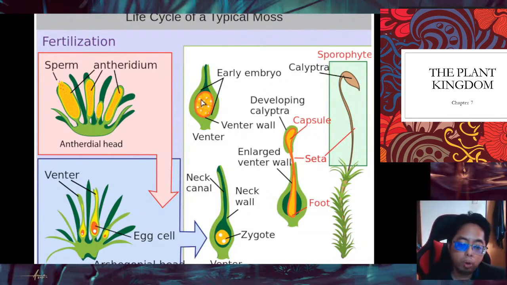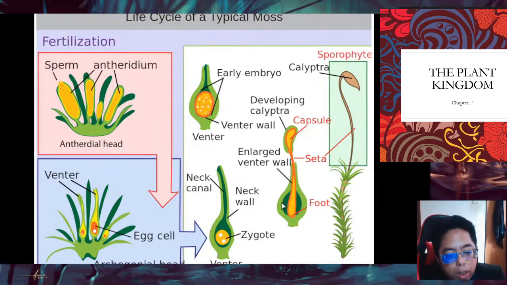It will form an embryo like this, and the embryo will form a long shape. You have the foot in the archegonial chamber, and the seta goes all the way long, and then the capsule is on top with a calyptra, which is a walnut shape.